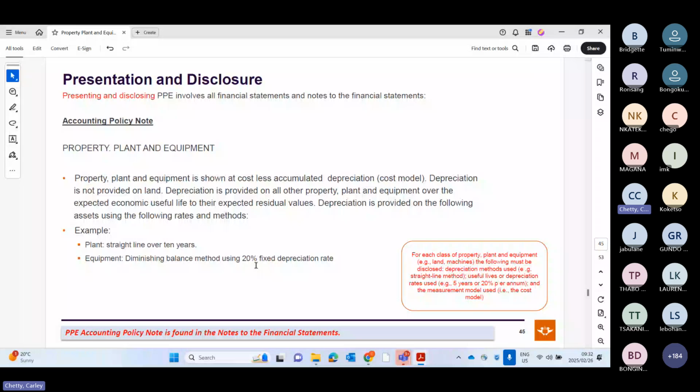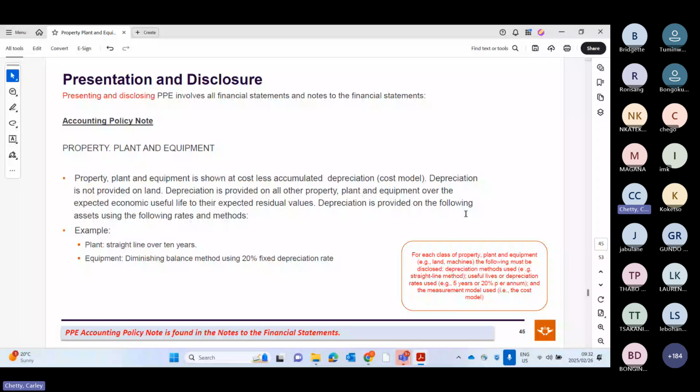For each class of PPE, you need to disclose the depreciation method used, the useful life, whether it is depreciated at 20% per annum, and the measurement model used. Is it the cost model or the revaluation model? All of those items must be disclosed.